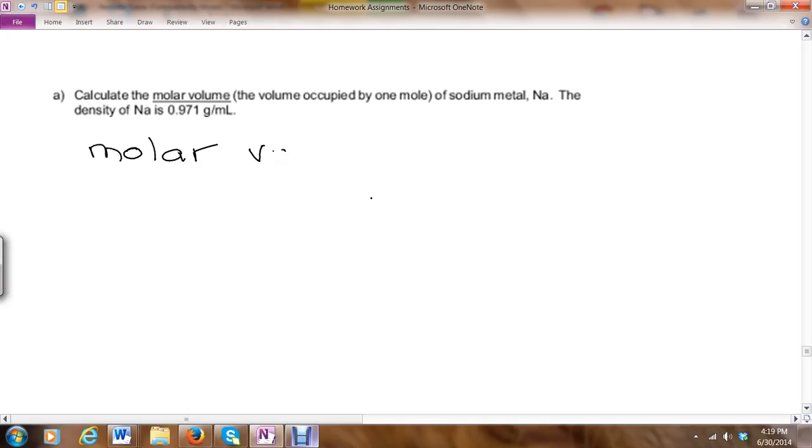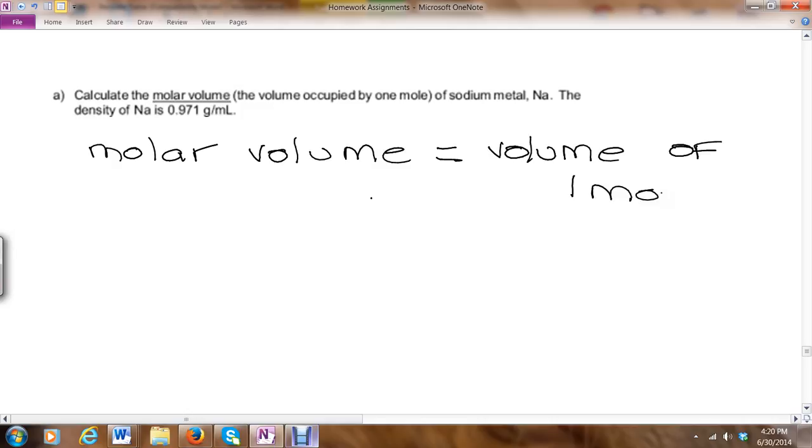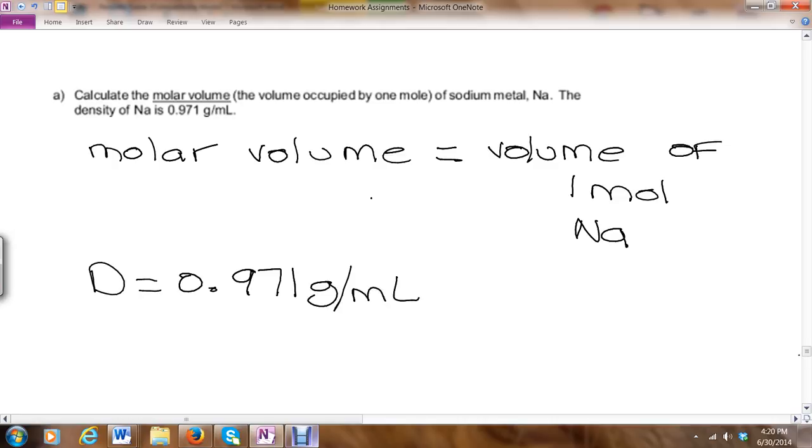Molar volume is the volume of 1 mole of sodium metal. It gives you the element, and it gives you the density. The density of the sodium metal is equal to 0.971 grams per milliliter.